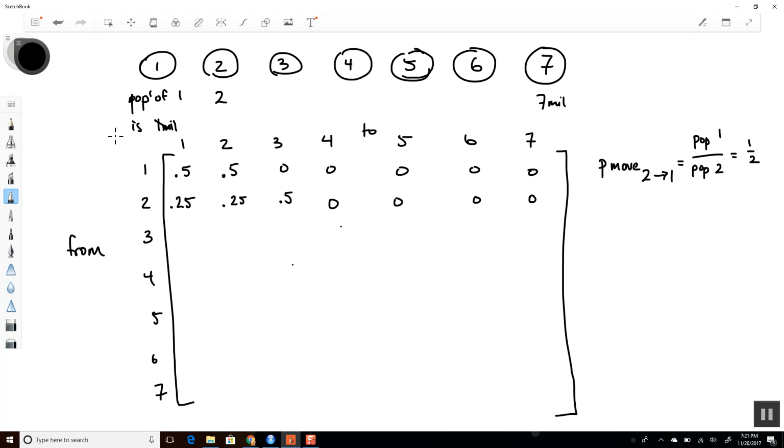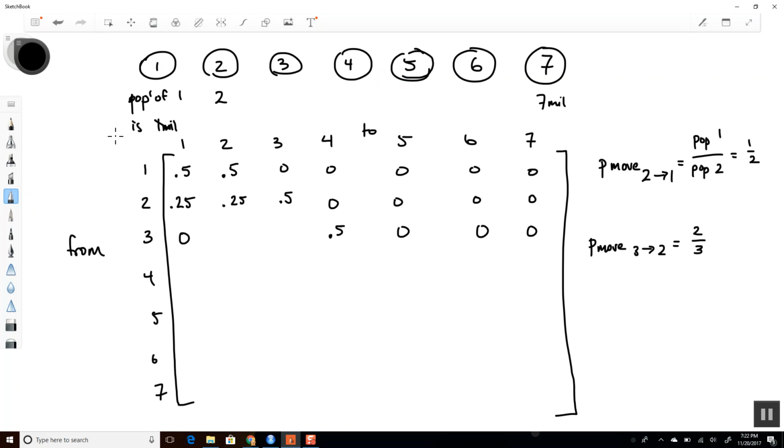Okay, let's do island 3. If I'm at island 3, I could propose island 4, and I will definitely go there, so that's probability 0.5. I definitely can't go to island 1 or 5 or 6 or 7. Now, what's the probability of moving from island 3 to island 2? If I've proposed island 2, then I will move there with probability 2/3.